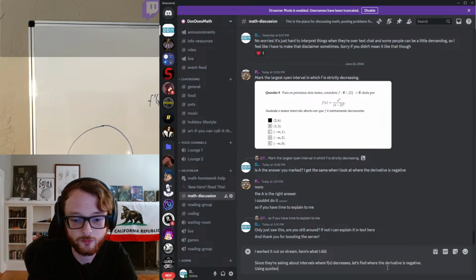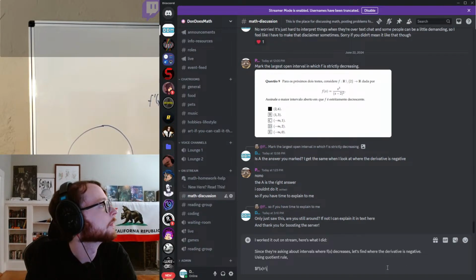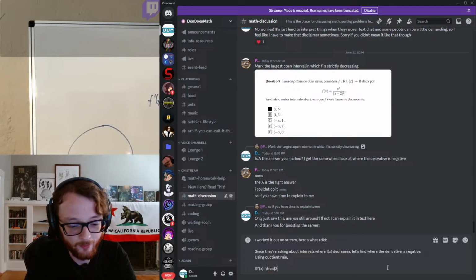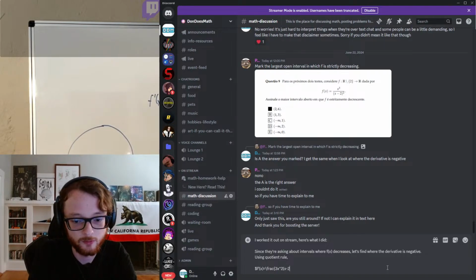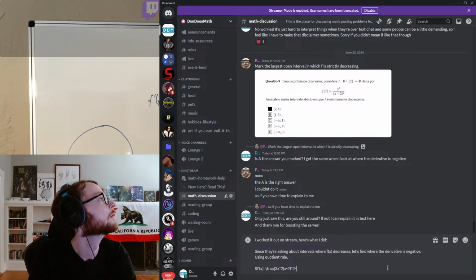Using quotient rule, f prime x equals, slash frac. I guess I'll write out the first step of the quotient rule. Squared minus x cubed.